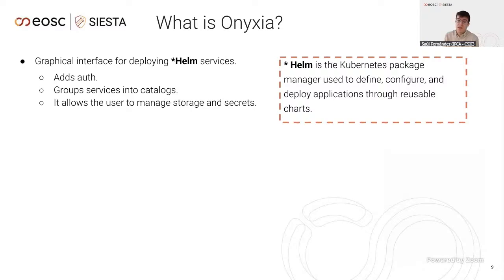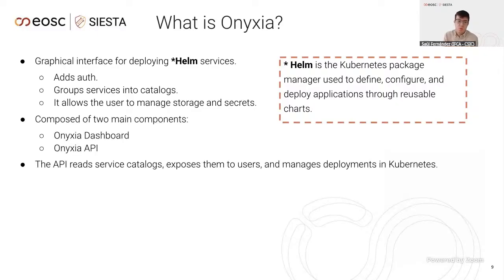Onyxia is a graphical interface for doing that, but it also adds authentication because it's connected with Keycloak. It manages the service catalogs visibility. Services are grouped into catalogs, and Onyxia manages that organization and also allows users to manage the storage and secrets from inside the platform.